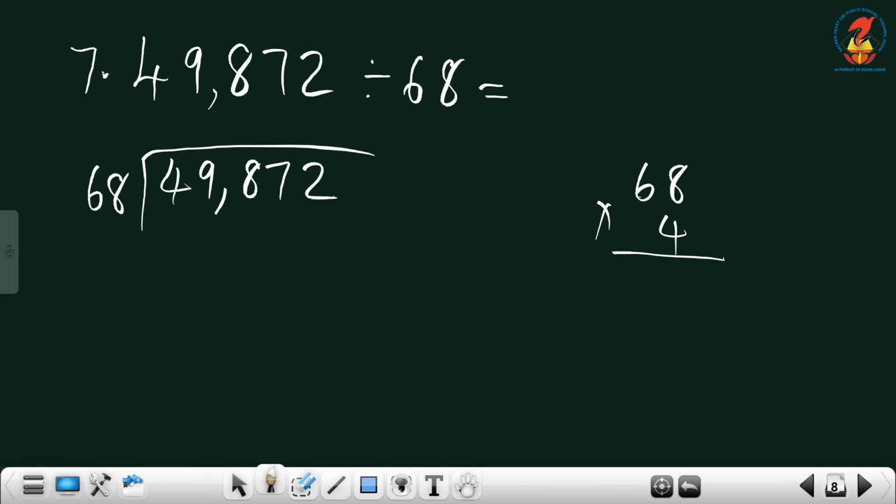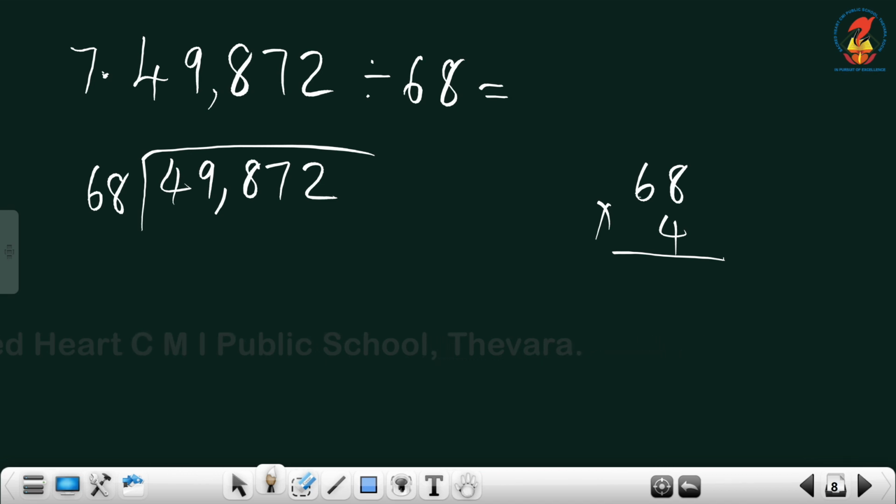Otherwise, you want to start it from 1, 2, 3, 4, 5 like that, right? Instead of taking like that, you need to check is it bigger number or smaller number. Bigger number means I need to multiply the 68 with a bigger digit only. I will get the number 498. So I guess it and do it like that.